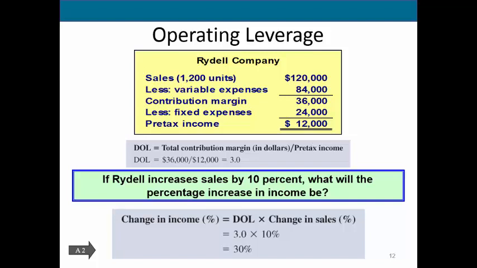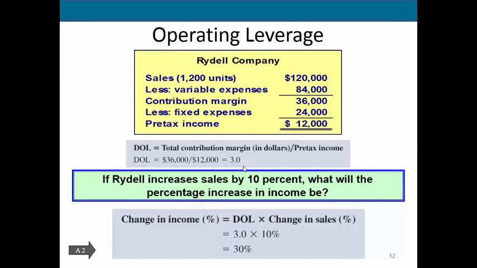So, for example, compared to a company that has a degree of operating leverage of 3, a company that has a degree of operating leverage of, say, 1, would have a much lower variance, meaning that for every 10% increase in their sales, they're only going to see a 10% increase in their income, or vice versa.